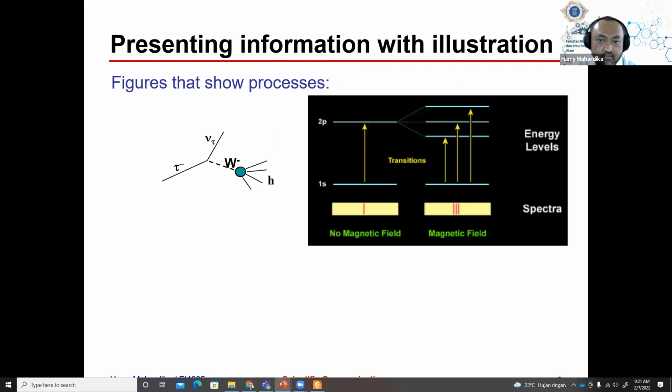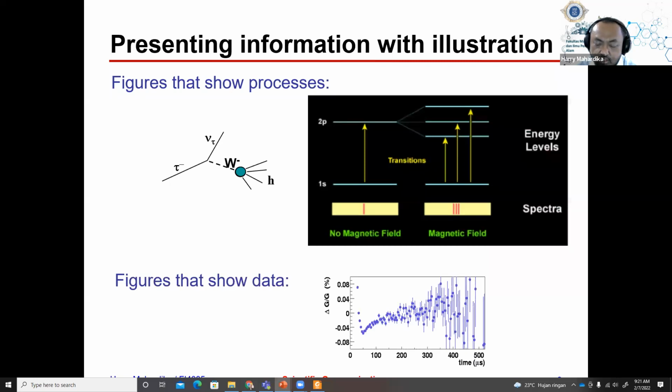Okay, so the types of figures that we usually have in our articles, presentations, and also in your final project report. One type is a figure that shows a process, for example the process of particle collision, or absorption, or interferometry, and so on.